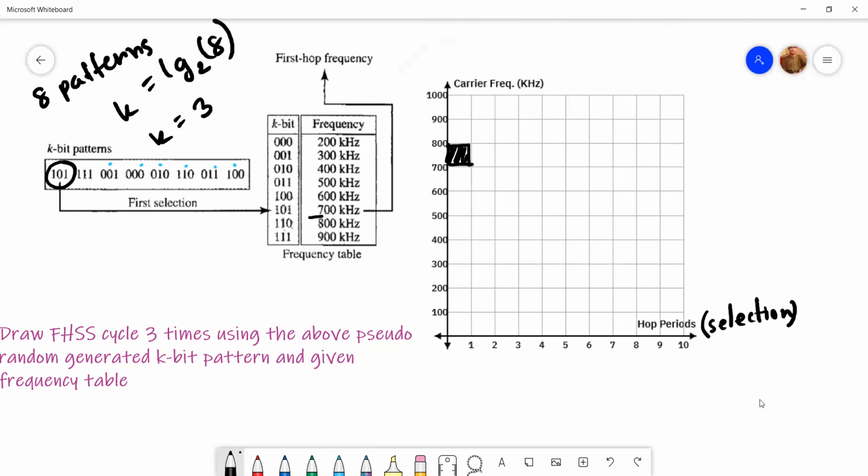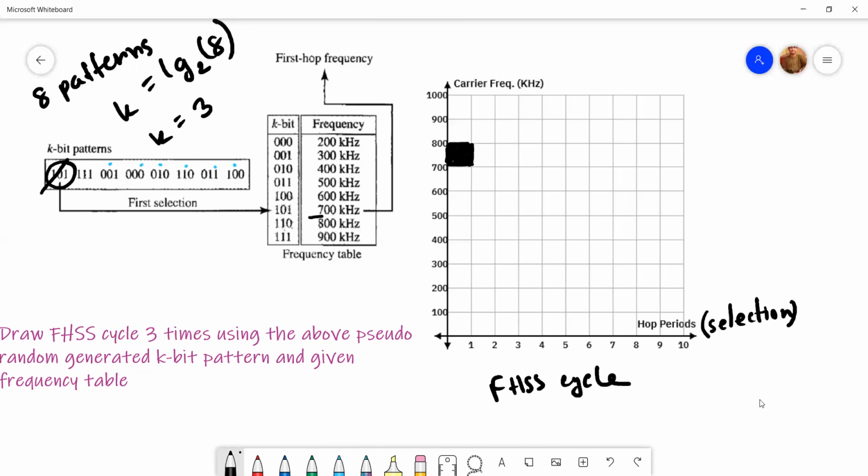So basically, just draw this graph. This is your first bit pattern, first cycle graph. We're drawing our FHSS cycle graph. And the first pattern is gone.